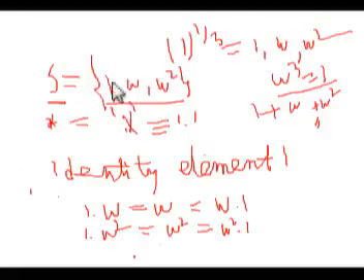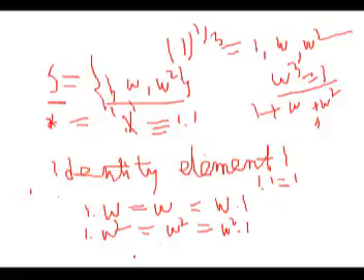Also 1 with itself is identity. 1 multiply 1 is 1. So 1 is also the identity of itself. So there is an identity element.